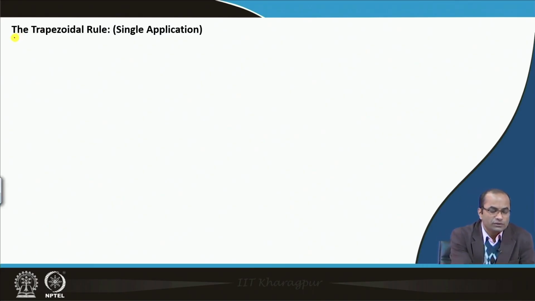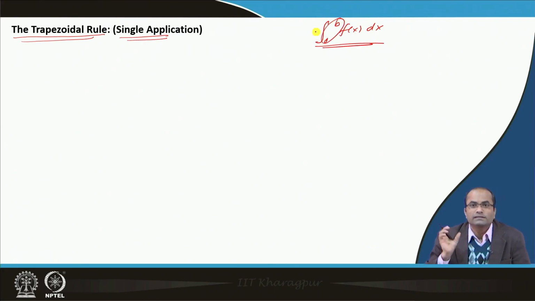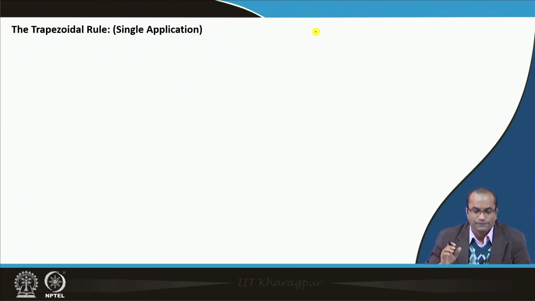So the first Newton-Cotes rule we will discuss is the trapezoidal rule, where we will be talking about single application, meaning that the given integral a to b of f(x) dx we will just consider as a single integral from a to b.